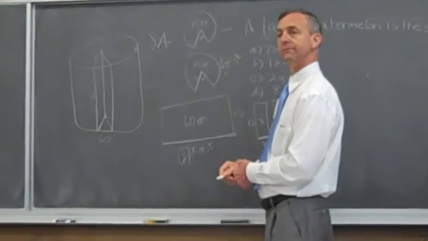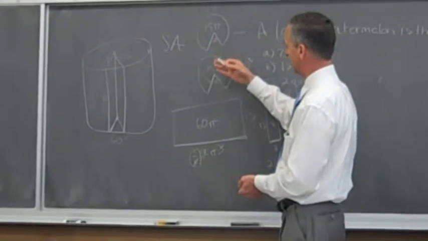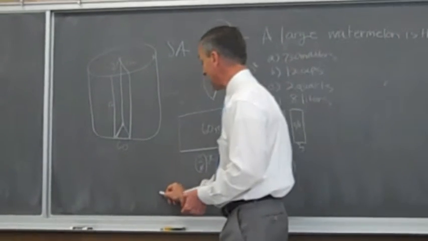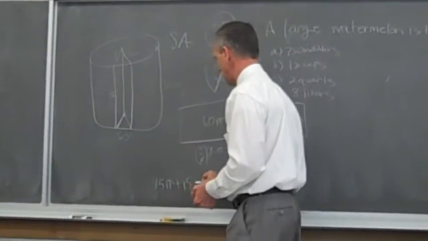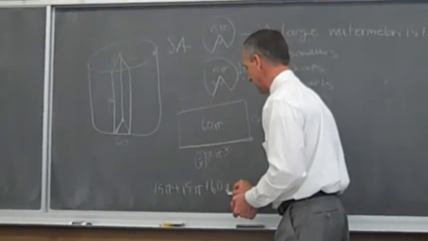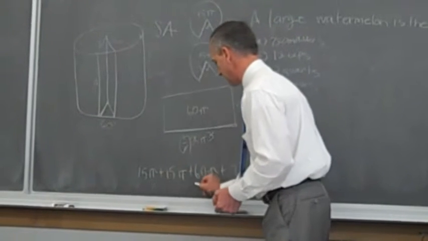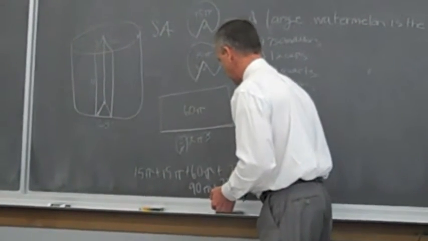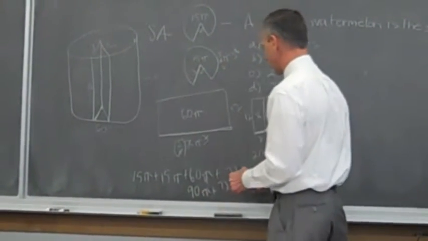Now what? Add them all up. 15 and 15 makes 30, 30 and 60 make, and you probably ought to have a statement down here to that effect. 15 pi plus 15 pi plus 60 pi plus 72, and this all makes 90 pi plus 72, and then this is in inches, so we'll go what?